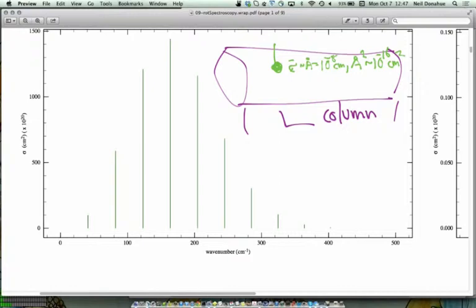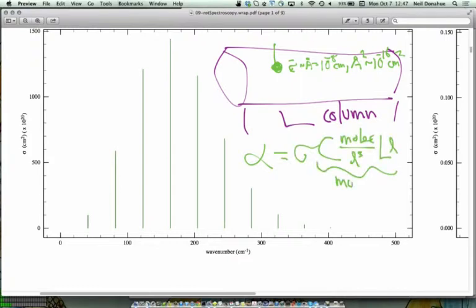So that tells us that we're dealing with some sort of interaction with an individual molecule, and this value sigma indeed is the cross-sectional area that the molecule presents to a photon, and a photon of wave number, of color, equal to the wave number shown on the x-axis. So that's why we're dealing with Beer's law here.